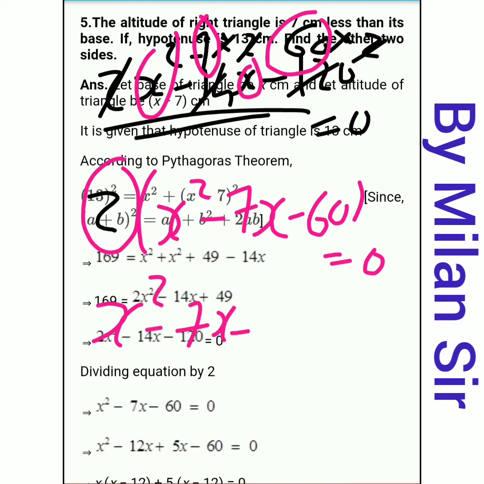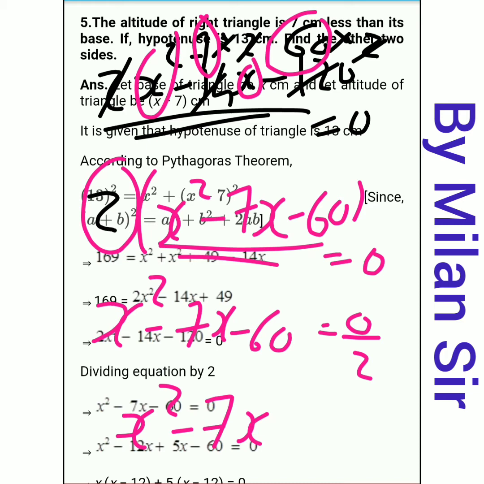So x square minus 7x minus 60. Now we do not need to use the bracket because the 2 we transfer to the right hand side, that's why. So it goes to the denominator. So 0 by 2, it's again 0, right? That means x square minus 7x minus 60 is equals to 0. This is our required quadratic equation.